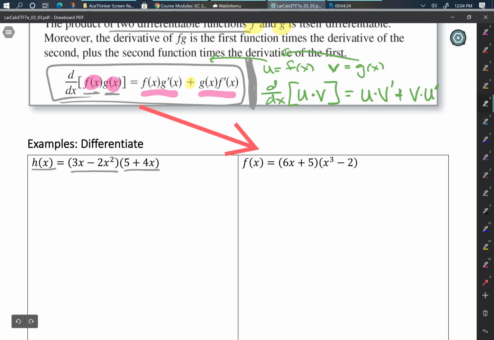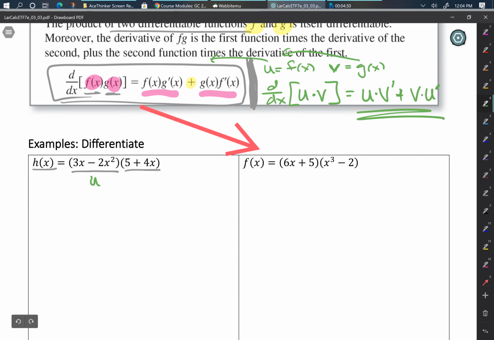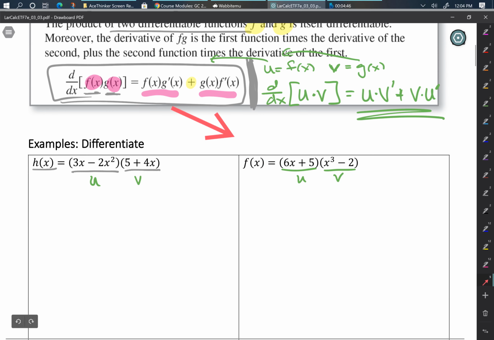And the reason I like this notation better is now I can just come over here to this problem and say, call this one u, call this one v, come over to this problem and say, call this one u, call this one v, and there won't be any confusion about, wait, which f are you talking about? Are you talking about the entire function f, or are you just talking about the first piece f? Okay, which is why I prefer that notation.